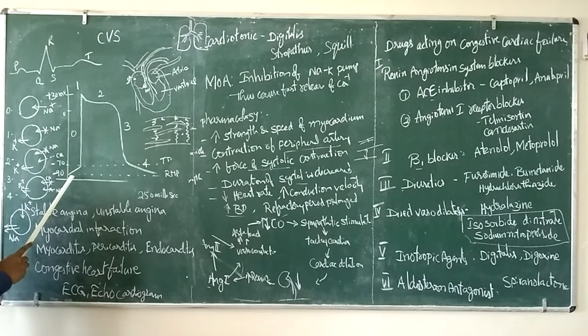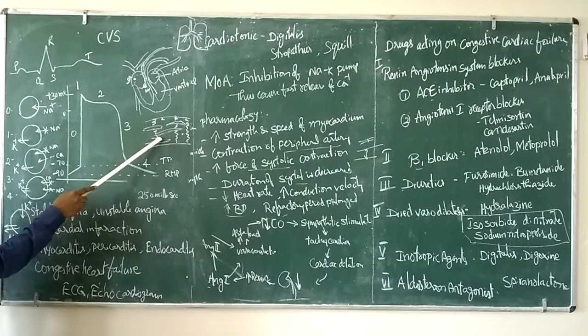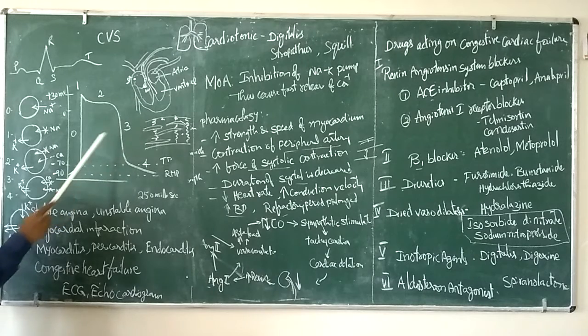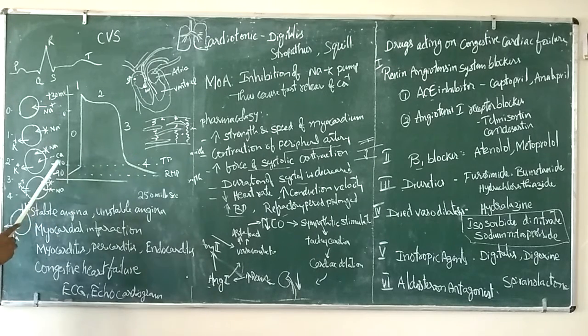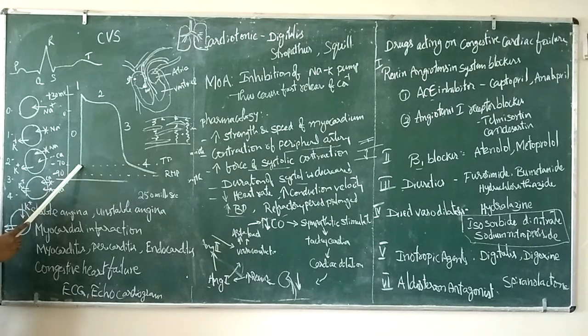Slowly, because of these gap junctions, there will be leaking of sodium. So slowly it is depolarized to -70. When it gets to -70, there will be sudden opening of the sodium channels that causes fast depolarization, because of the entry of sodium into the cell.